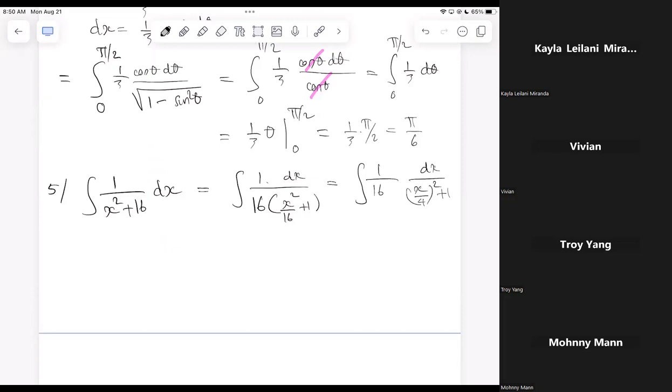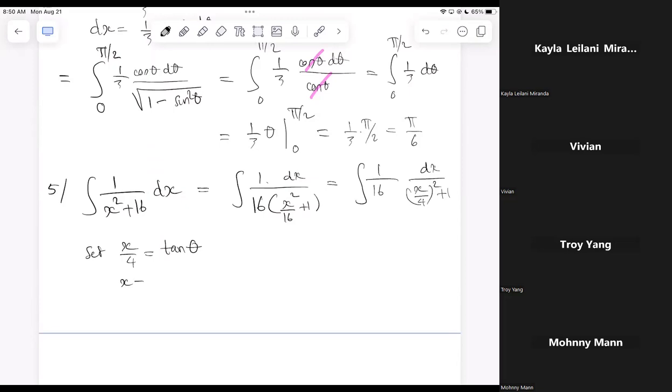Okay, x squared over 16, I can write like x over 4, all of them squared. But when I write this way, I know I should say x over 4 equals tangent theta.